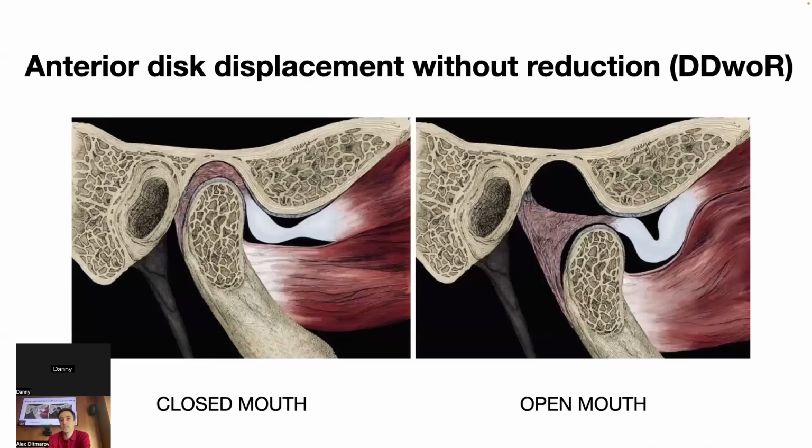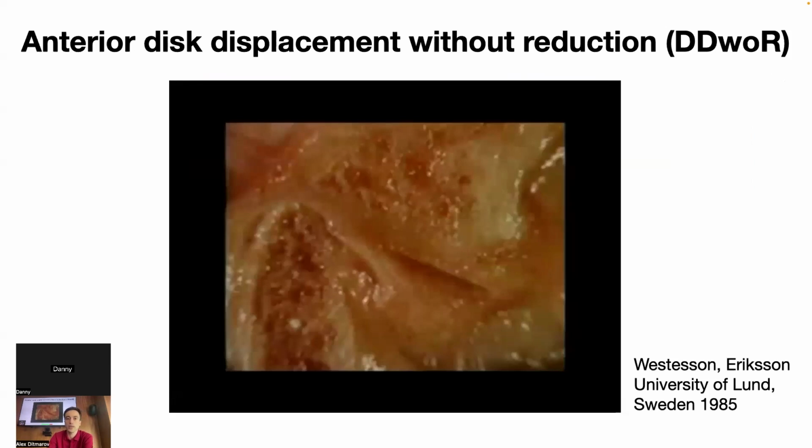Another type of disc displacement is disc displacement without reduction, or complete lock, you can call it. It is when the disc is displaced anteriorly and it's not reducing back to its former place, right? It's stuck anteriorly to the condyle during mouth opening and during mouth closing.